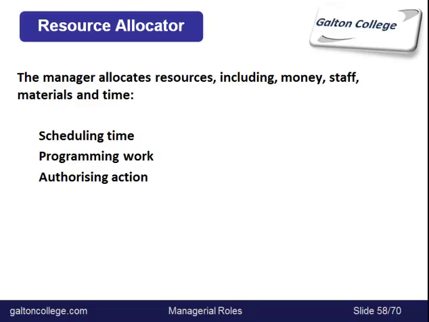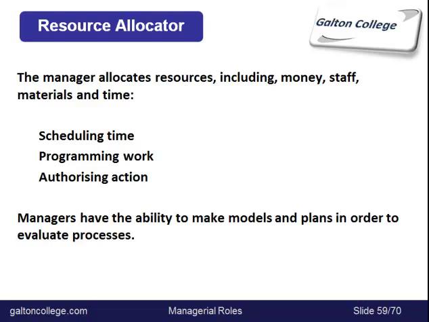Time, work, making sure that the work is done according to the requirements of perhaps the distribution section and what was promised to the customer. It authorizes action, what should be done and when it should be done.